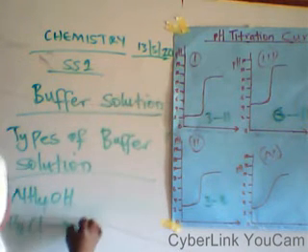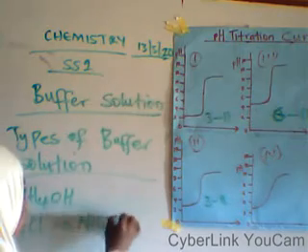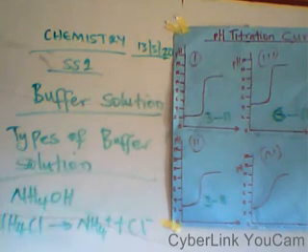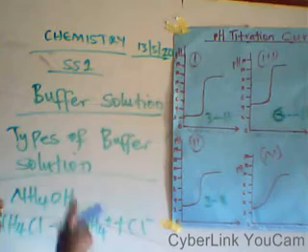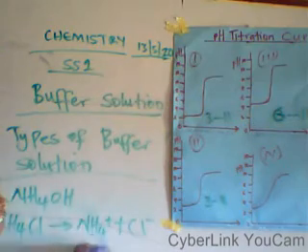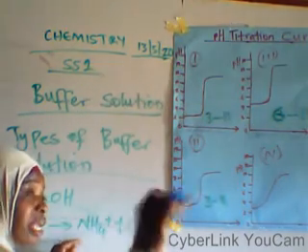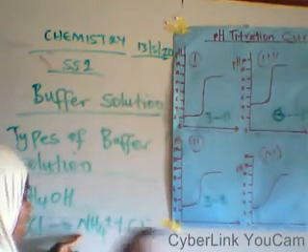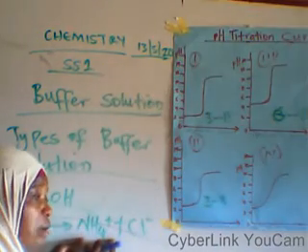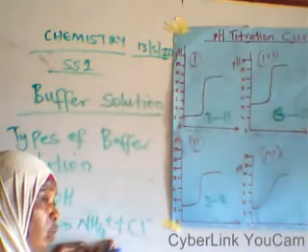When this ionizes in water, it produces ammonium ion and chloride ion. Any small amount of base added to this solution, this ammonium ion will absorb it, forming ammonium hydroxide.